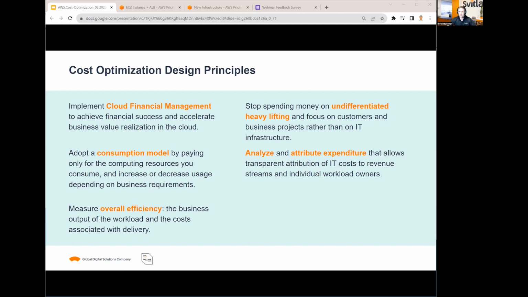And also we need to analyze and attribute expenditures, which allows transparent attribution of IT costs to revenue streams and individual workload owners. It means that infrastructure usually is quite huge and could contain resources for different departments.